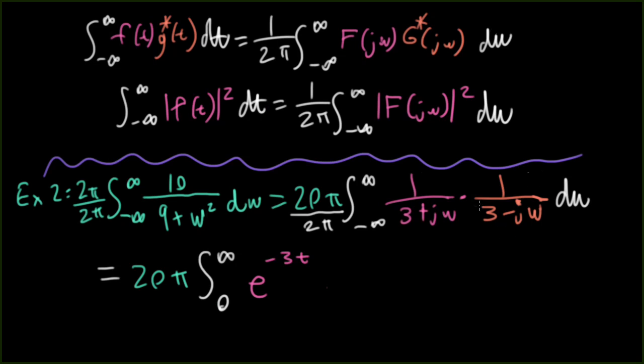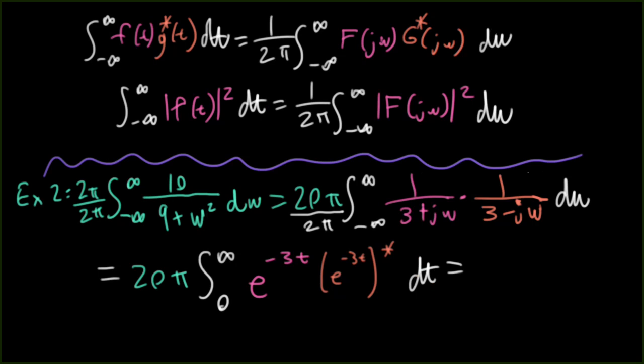And then for this second factor here, well, it's a complex conjugate. If the complex conjugate is 3 minus j omega, then the original function, capital G, is 3 plus j omega. So I have another e to the minus 3t here. Technically speaking, I want a complex conjugate here, but taking a complex conjugate of something real just gives you the original thing back, so it doesn't really change anything. I also technically have a u(t) here, but we already dealt with that.